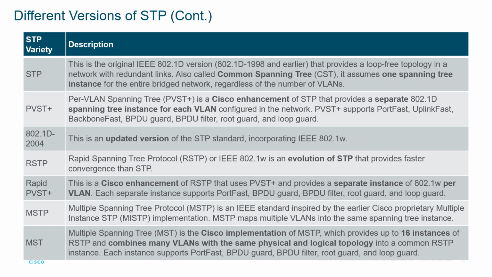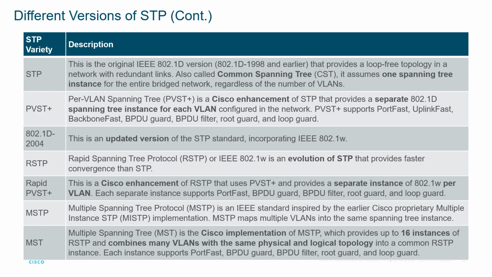PVST is a Cisco enhancement. It provides a separate 802.1D spanning tree instance for each VLAN. It supports PortFast, UplinkFast, BackboneFast, BPDU guard, BPDU filter, root guard, and loop guard.